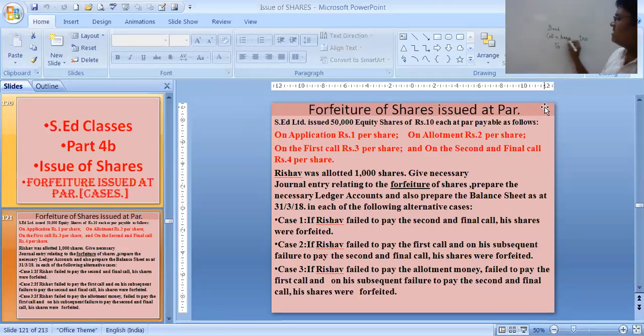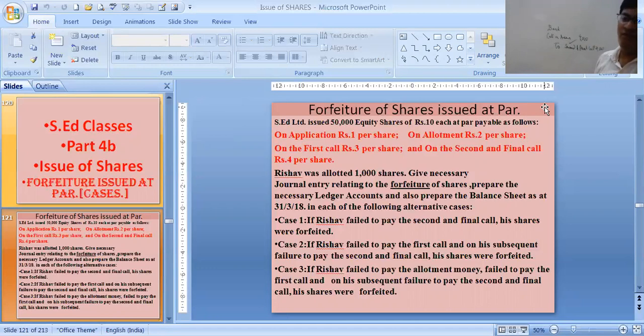Calls in arrear account debit to second and final call account. This is the calls in arrear entry.